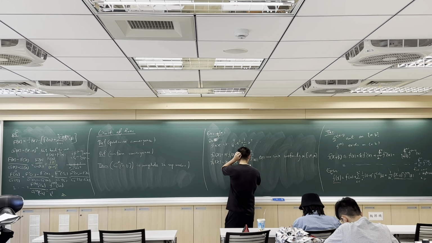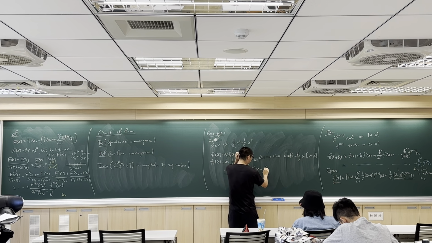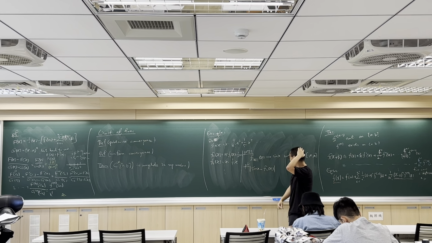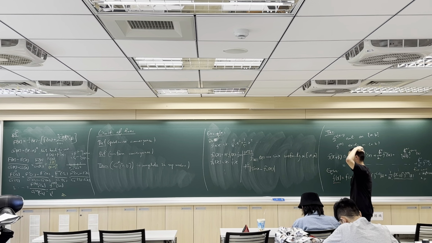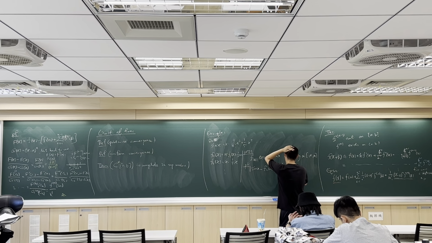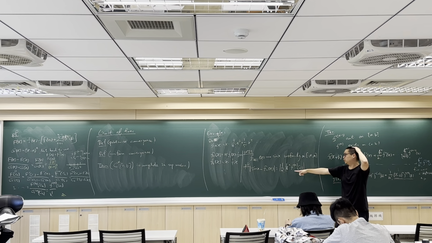Why is that? Because of sine x minus f_n(x), by Taylor's theorem. What's the remainder? The remainder is x to the n times the derivative of f at c over n factorial, for some c between x and 0.